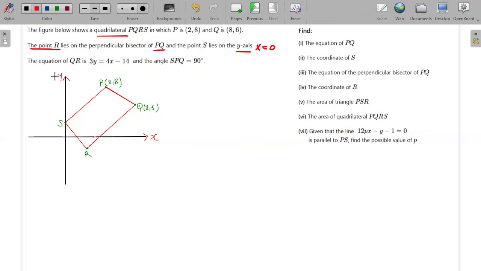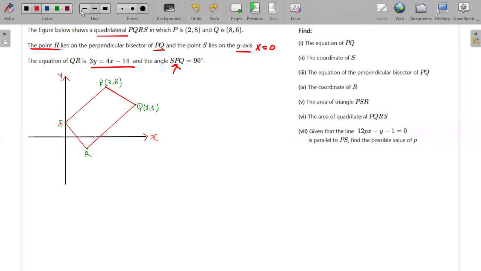The equation of QR is being given as that, and the angle SPQ, so you always go to the letter that is in the middle. So SPQ means it's the angle that is there. They told us that this angle here is 90 degrees.